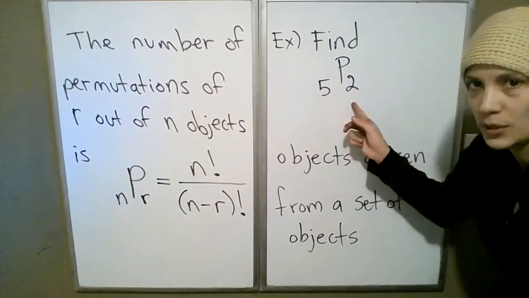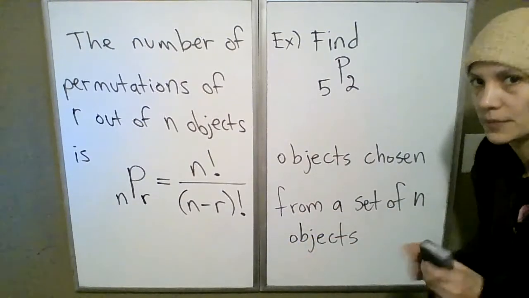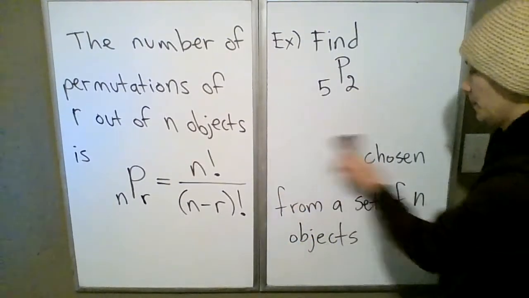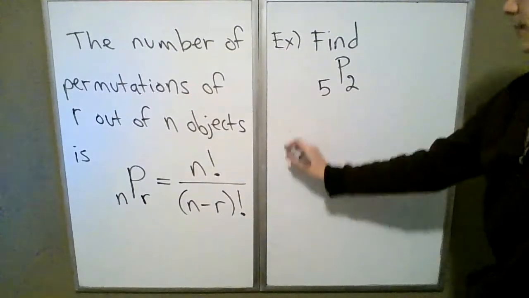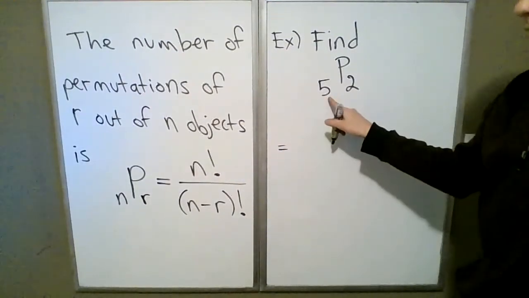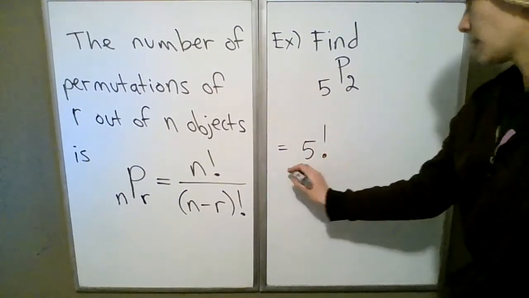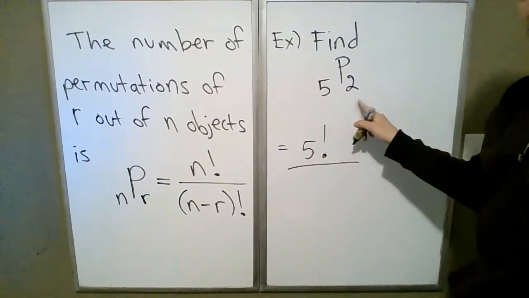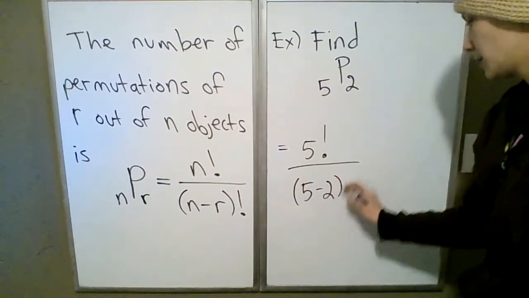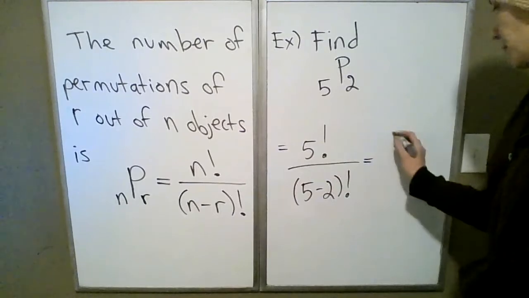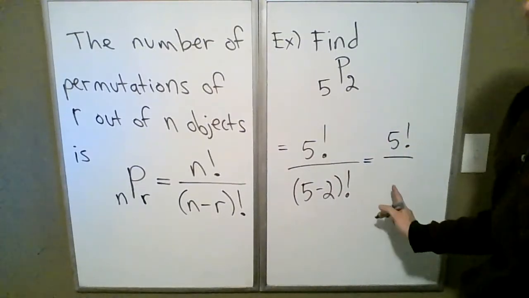Out of 5 objects, I want to pick 2, and their selection is going to be in a certain order. We take 5 factorial in the numerator and put it over 5 minus 2. This is 5 factorial over 3 factorial.